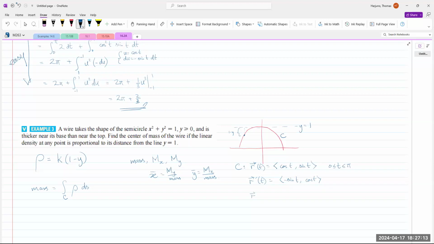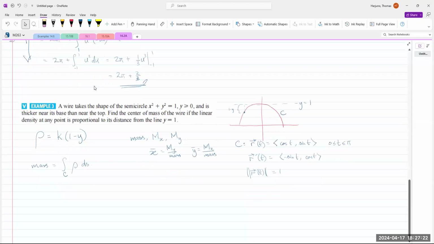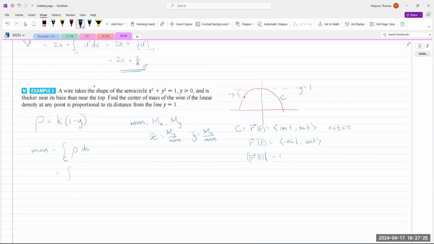So the magnitude of r prime t will be 1. Okay, so the mass will be the integral from 0 to pi. The rho is k times 1 minus y, but y is sine t, times 1 dt. This 1 is for the magnitude of r prime t.